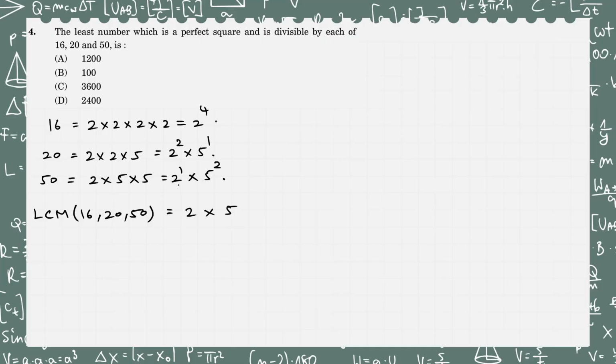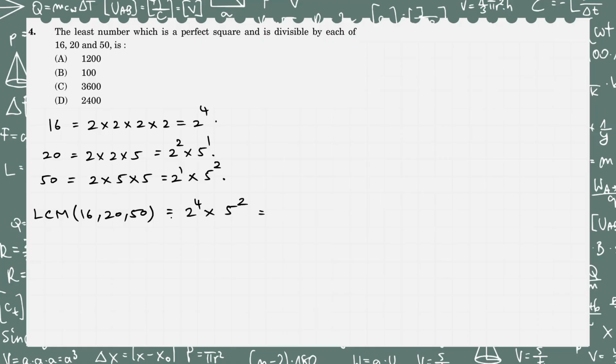Let us look at the power of 2 in every factorization. 50 has 1 two, 20's factorization has 2 twos and 16's factorization has 4 twos. So the maximum among all these is 4 times. So 2 power 4 we have to put here, right? And about 5, 20 has 5 one time and 50 has 5 two times. So 2 times is the maximum occurrence. So 5 power 2 we have to put here.